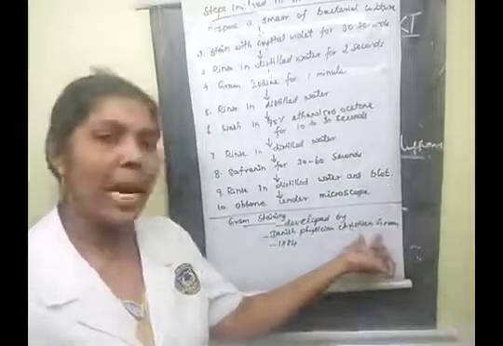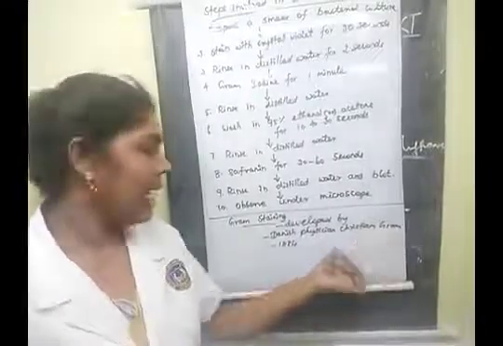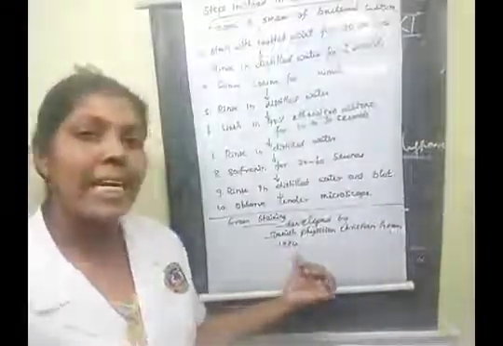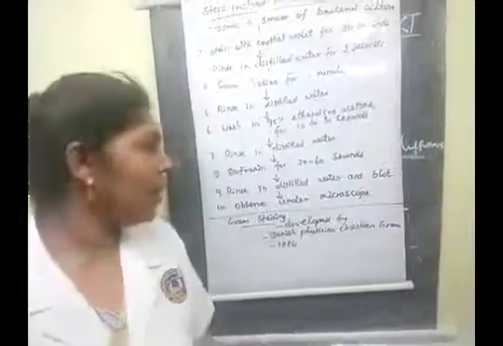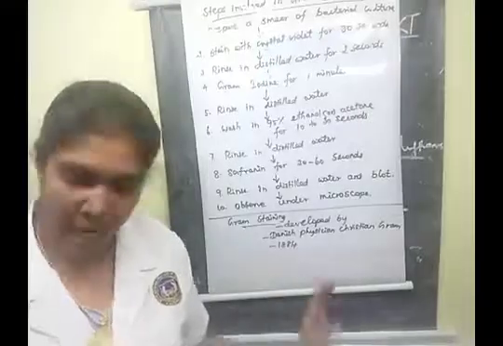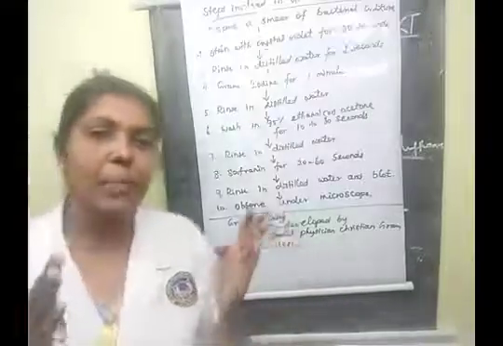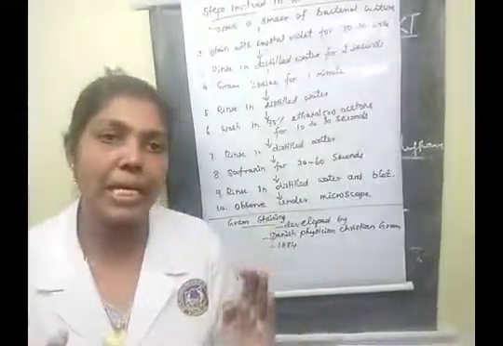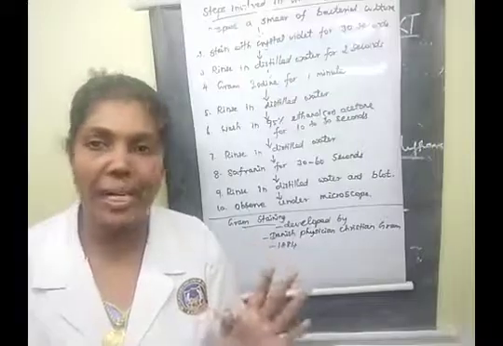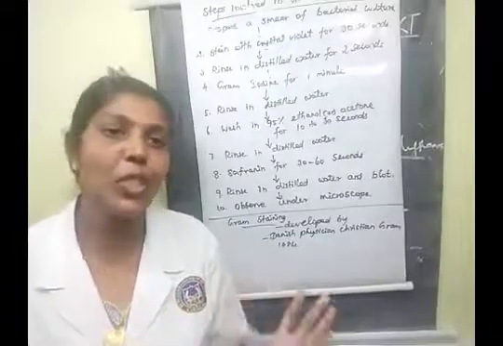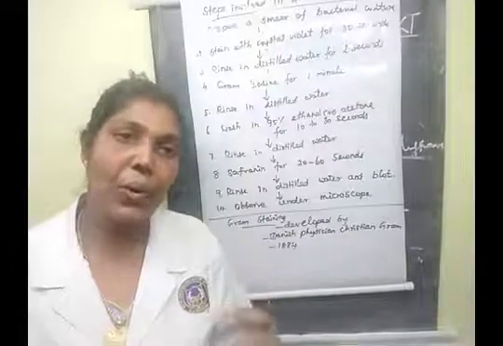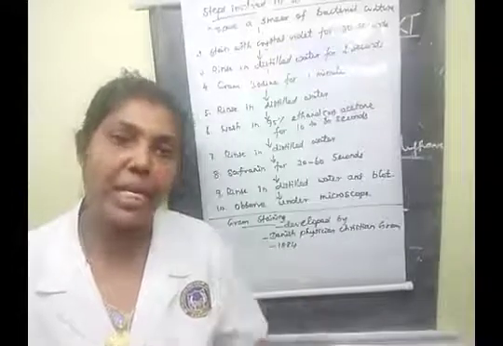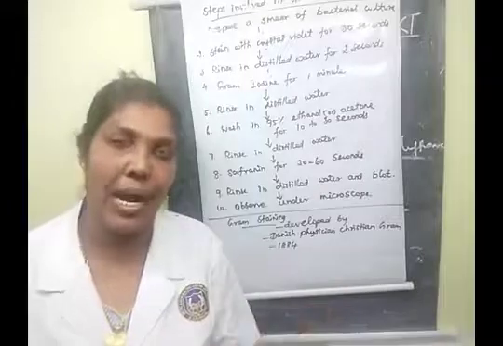Shortly you write Christian Gram, in the year 1884. The gram staining procedure mainly differentiates two types of bacterial cells, one is gram-positive type and another is gram-negative type. How will you differentiate gram-positive and gram-negative types?